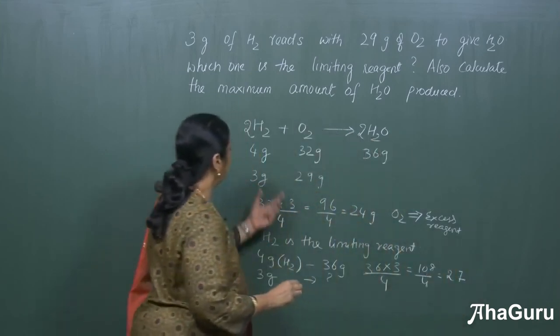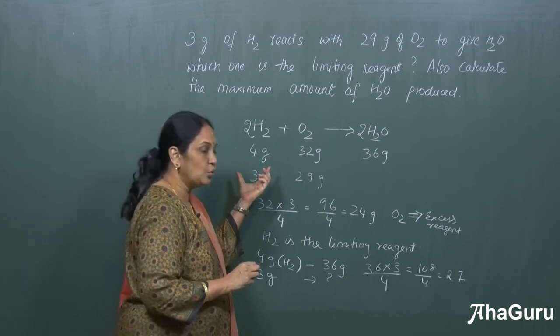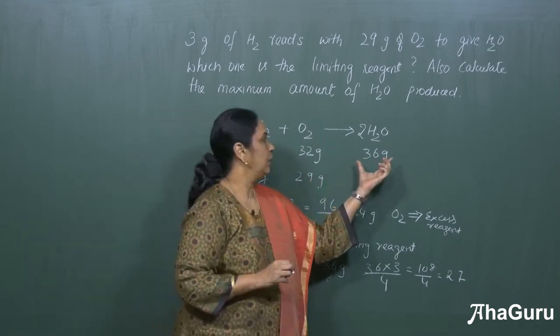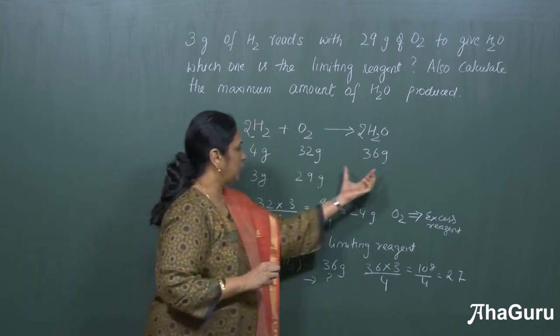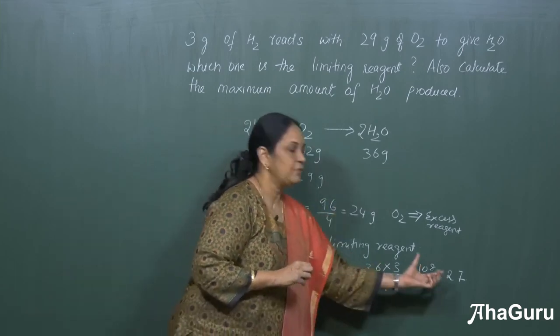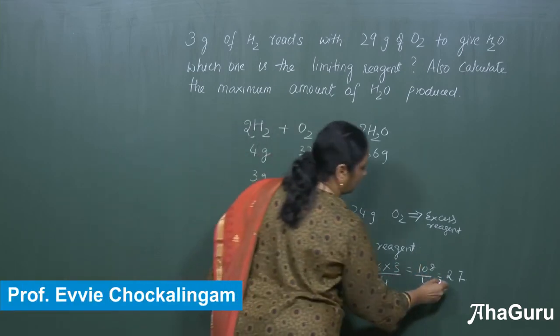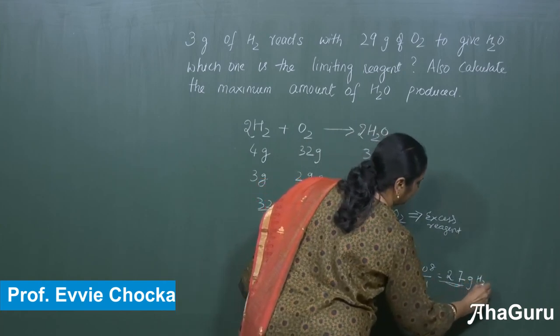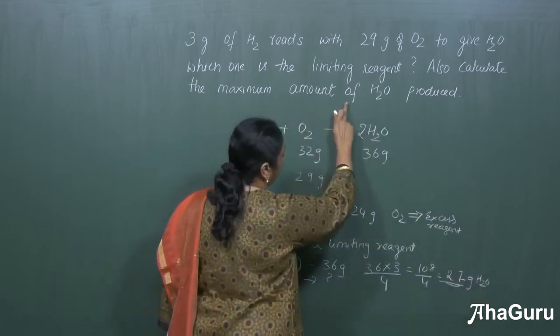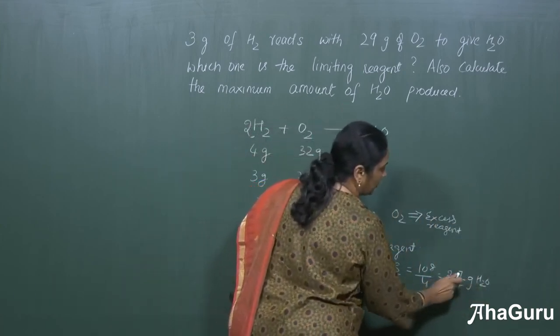Once we get the limiting reagent, use that to calculate the amount of the product. So instead of 36 grams, we will get 27 grams of water. For the second part, the amount of water produced will be 27 grams.